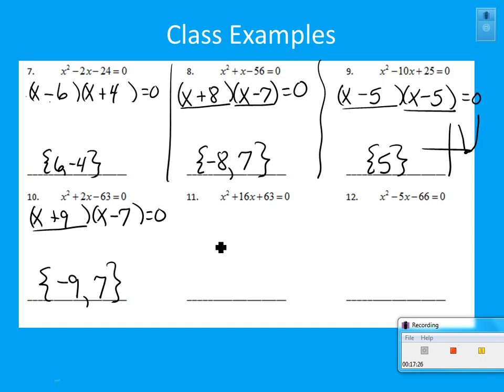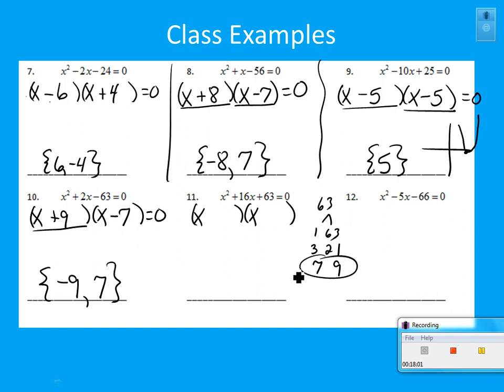Here's my number 11. X squared plus 16x plus 63. Parenthesis, parenthesis, x, x. Two numbers that multiply to be 63. I should have left them up from a while ago. 1 and 63, 3 and 21, 7 and 9. The ones I can make add up to be 16.